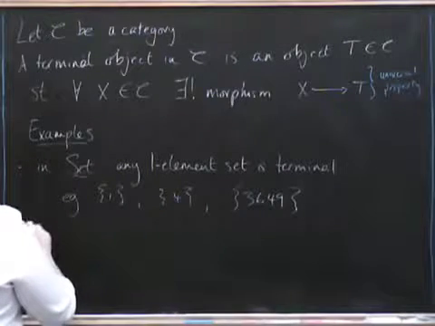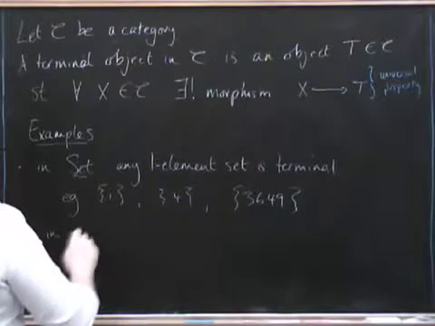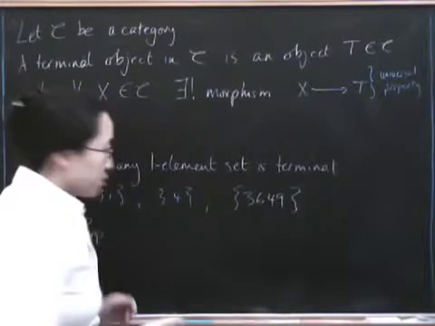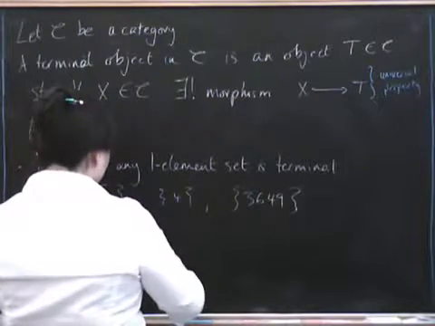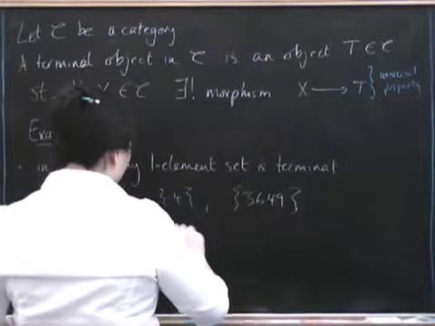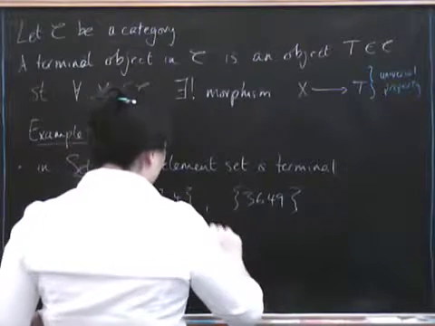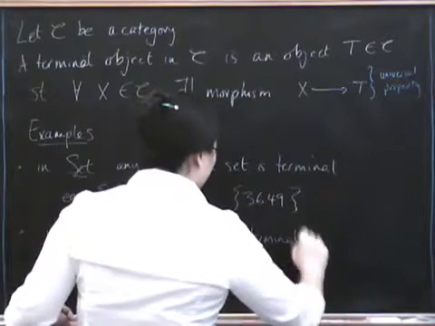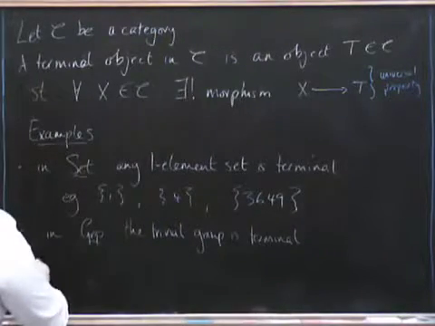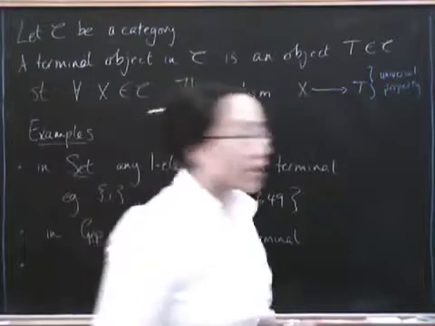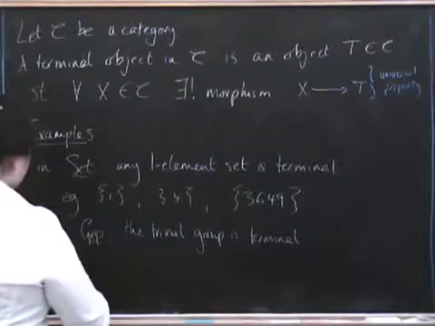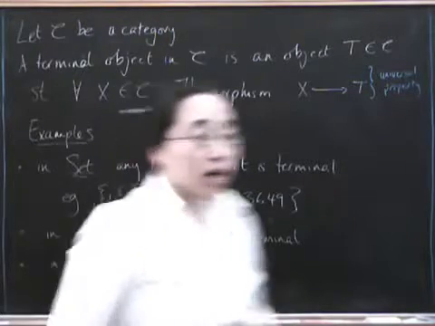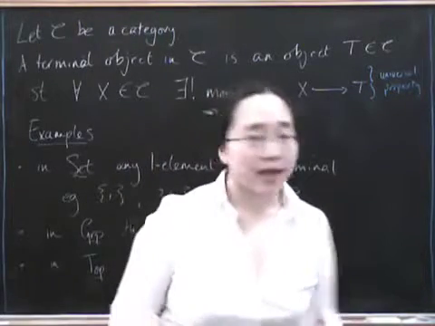So let's have another example. In the category of groups, the trivial group is terminal. Another example is that in the category of topological spaces, any one-point space is terminal.